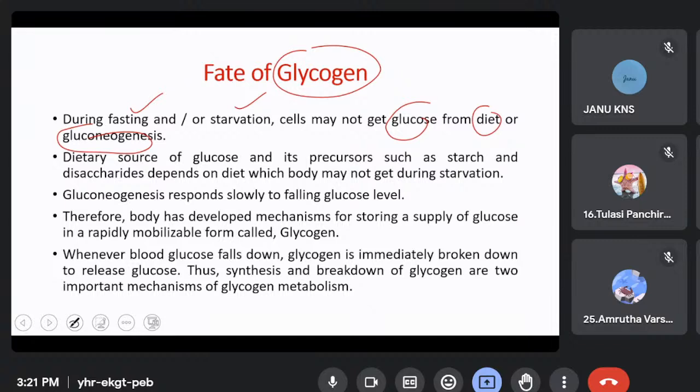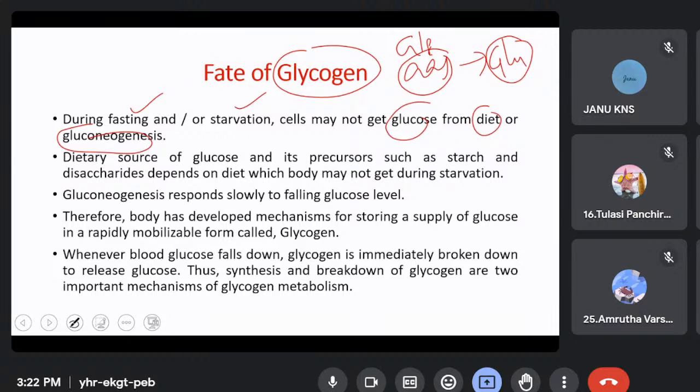Then what about the other one? Gluconeogenesis is nothing but conversion of certain non-carbohydrate sources like amino acids to glucose. So glucose can be formed from certain amino acids called glucogenic amino acids. This production of glucose from non-carbohydrate sources is called gluconeogenesis.